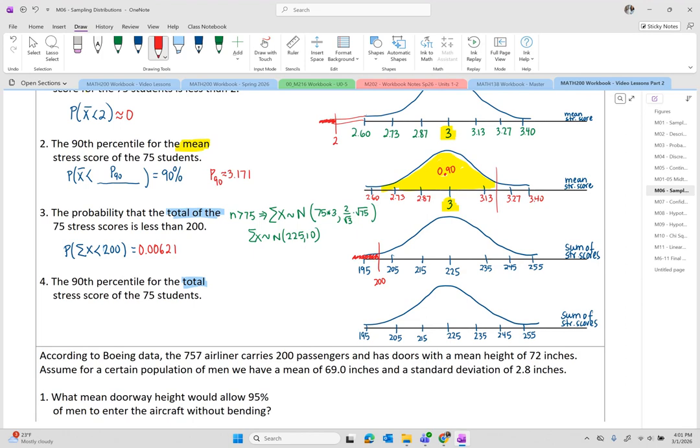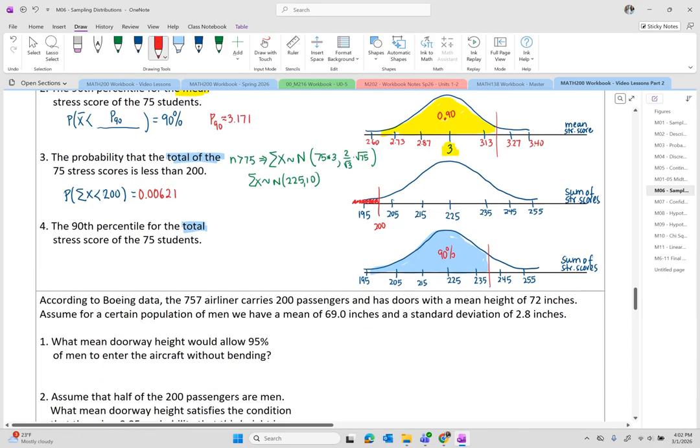The 90th percentile for the total stress scores will be again some value between 1 standard deviation above the mean and 2 standard deviations above the mean. The probability in the lower tail has to be 90% and 10% above in the tail that I'm not going to shade. So this thing has to be 90%.